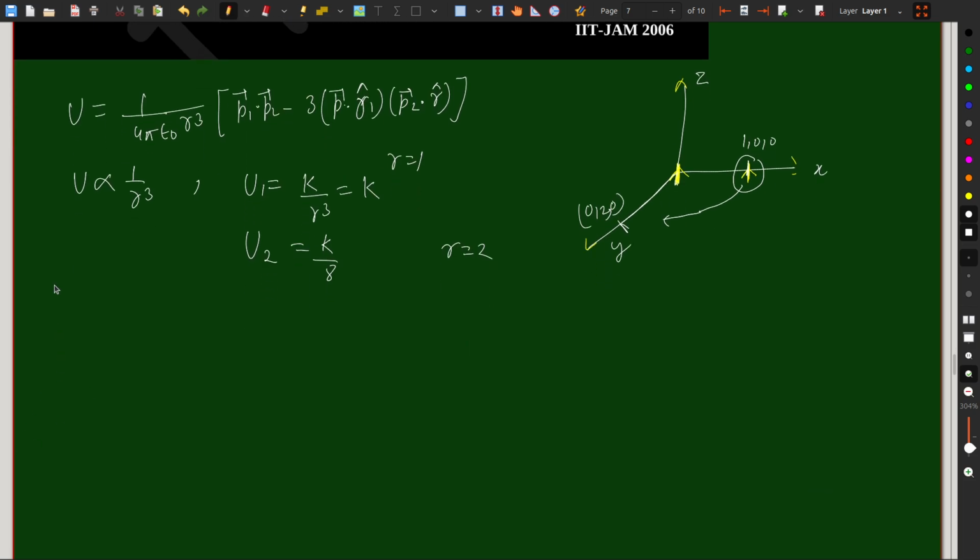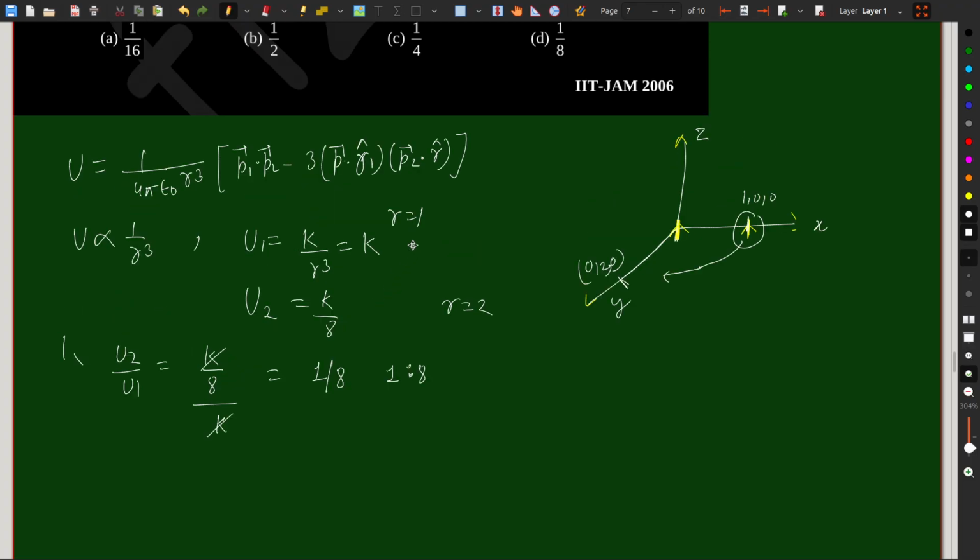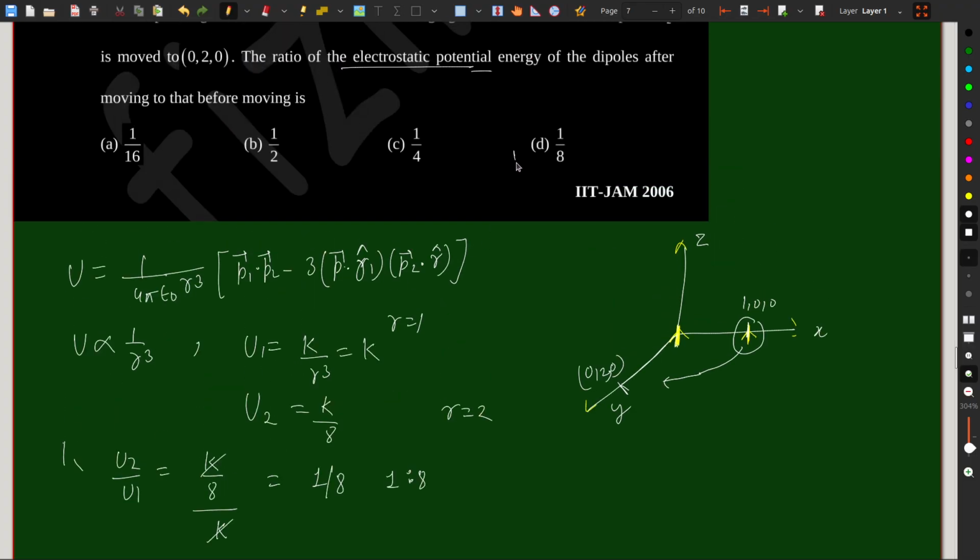So the ratio is U2 over U1, which is k over 8 divided by k. K will cancel out, so that will be 1 divided by 8, a 1 to 8 ratio will be the answer. Let's check. Yeah, 1 by 8. D is the correct option.